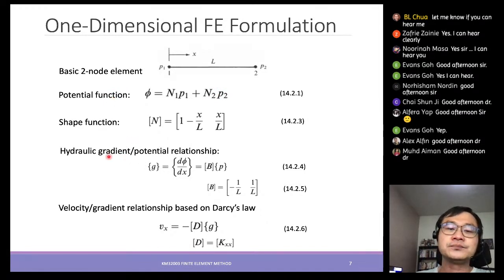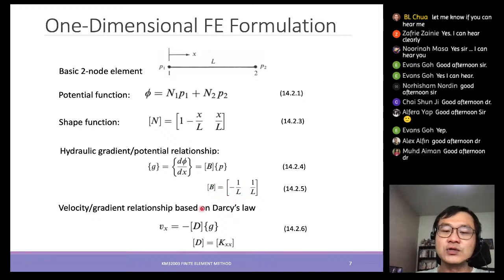Previously for the structural problem we used the stress and strain relationship, then the strain and displacement relationship. Same thing here, we will form a relationship between the potential functions and the hydraulic gradient. It is given by this, so it is very similar at the end.